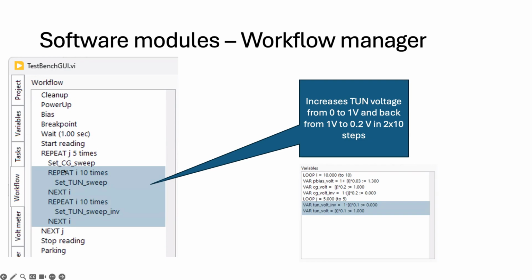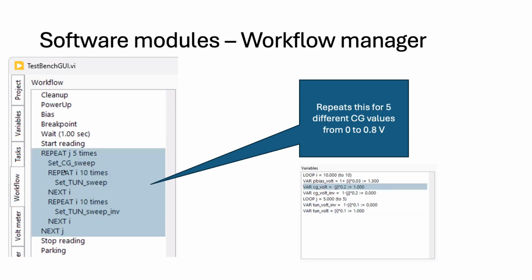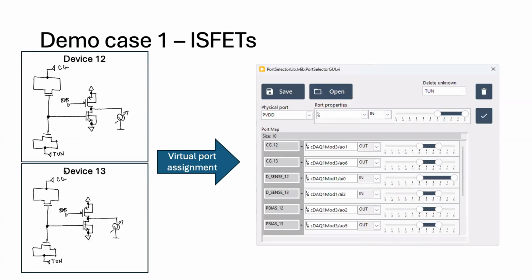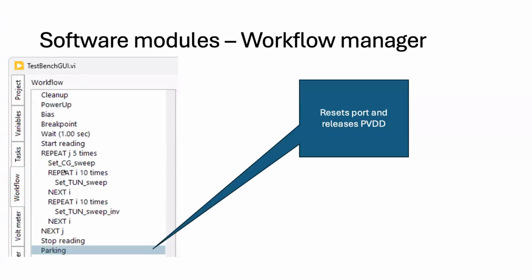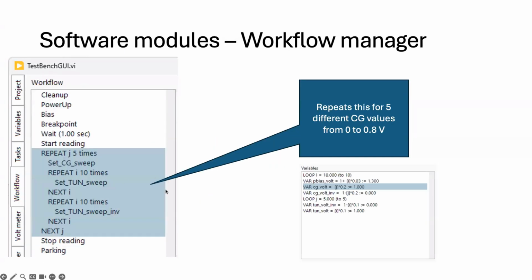So the control gate and the tunneling voltage will be applied at the same time. So the CG will be increased, and in each iteration, the tunneling voltage will also be updated.